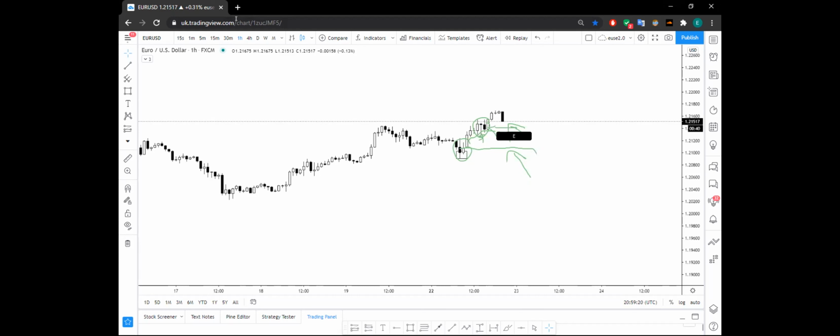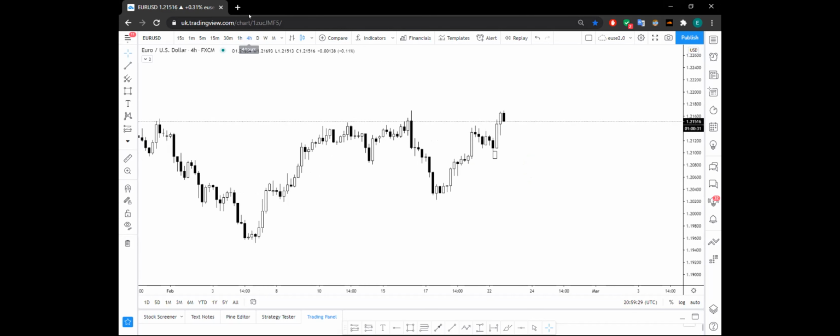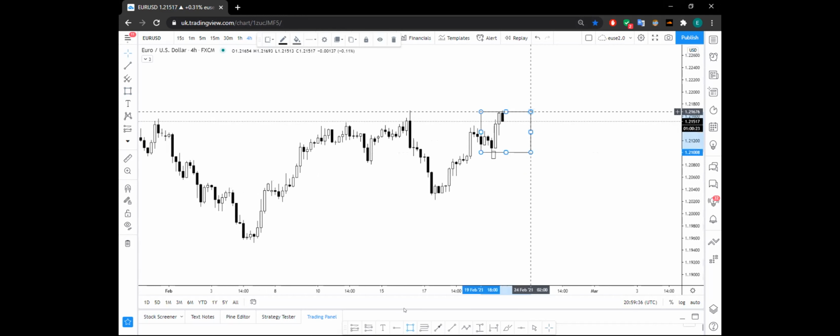So your sub range of it, let's take it from that 4 hour. Let me actually draw it on the chart. So sub range.